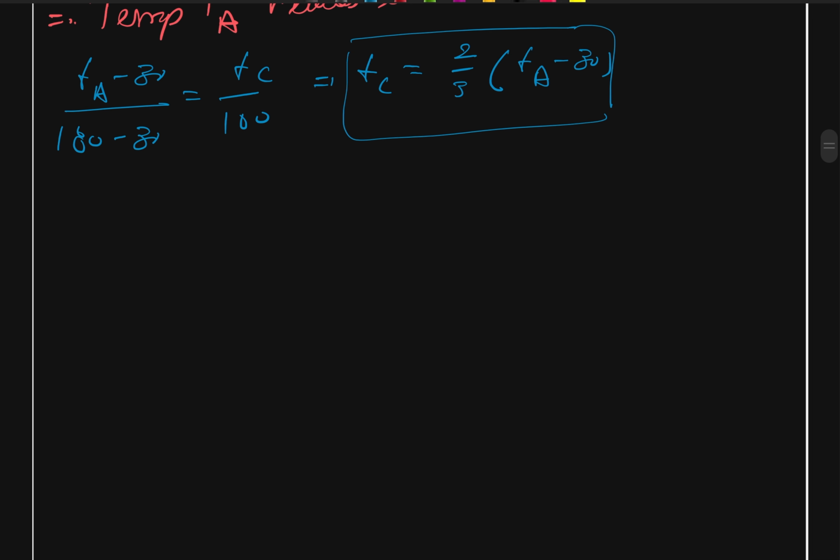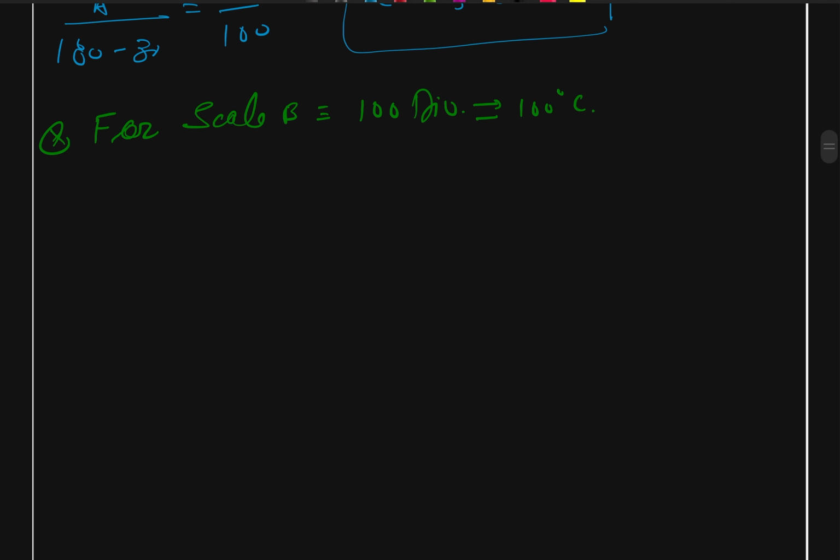Similarly, we can write for scale B. For scale B, we know that our scale B is having 100 divisions, it corresponds to 100 degrees centigrade. Therefore, each division will be 100/100, giving us 1 degree centigrade.